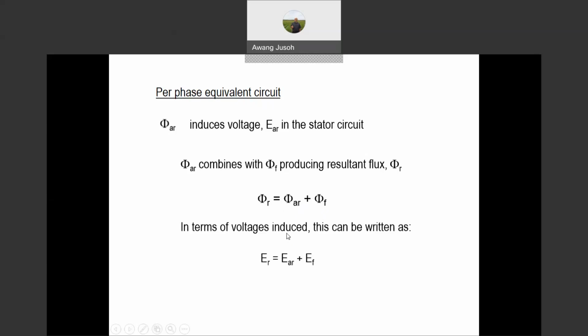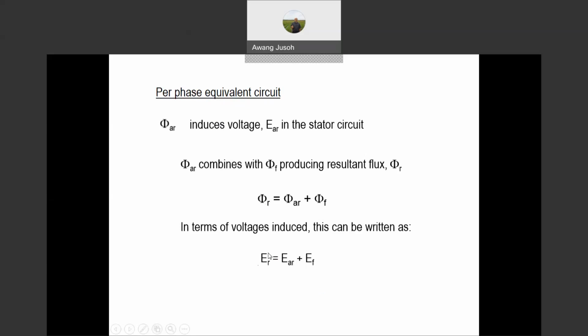So we can write this in terms of voltage. Flux R is represented by ER, the resultant voltage, which is EAR, the armature reaction voltage at the stator, plus EF, since flux F generates the excitation voltage in the stator. Just straightforward only.